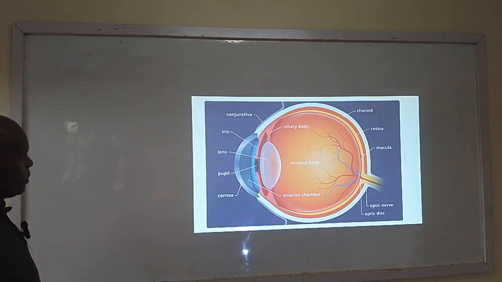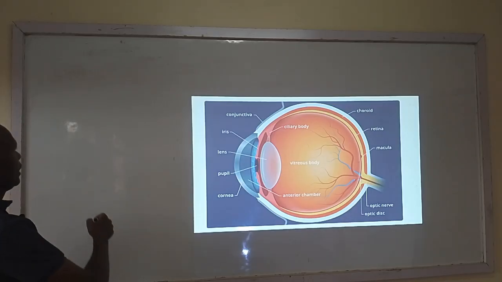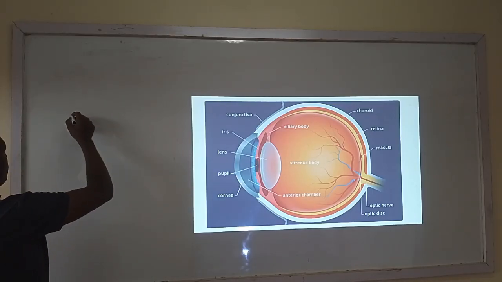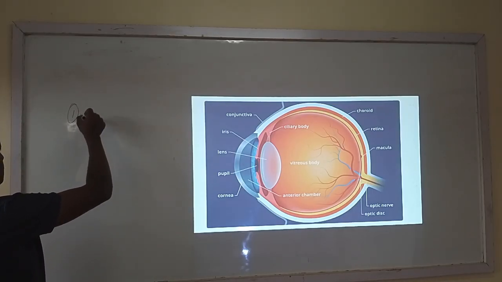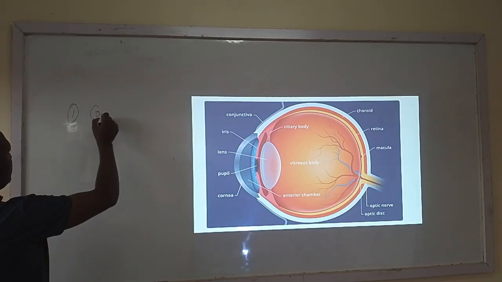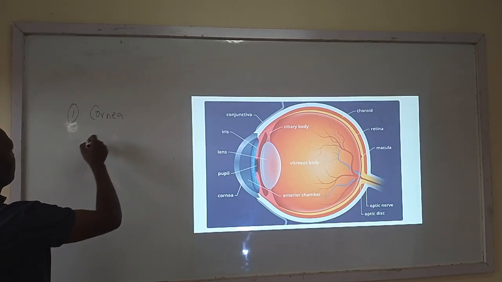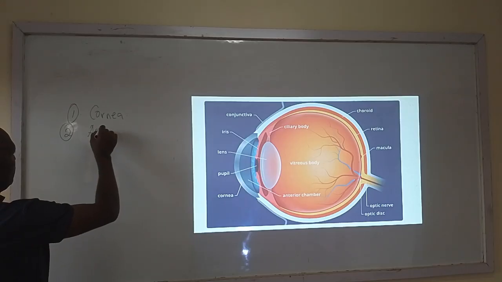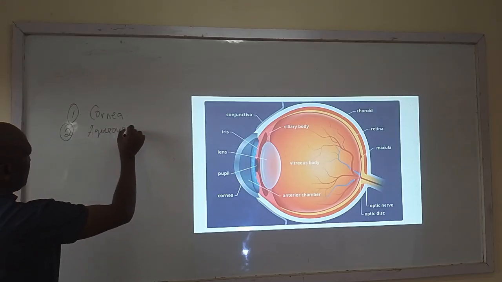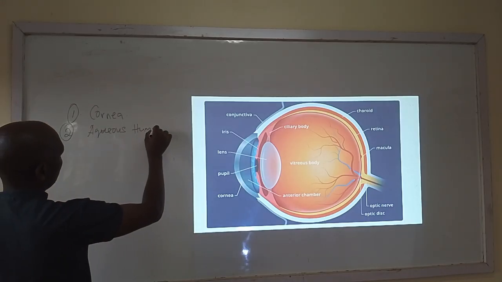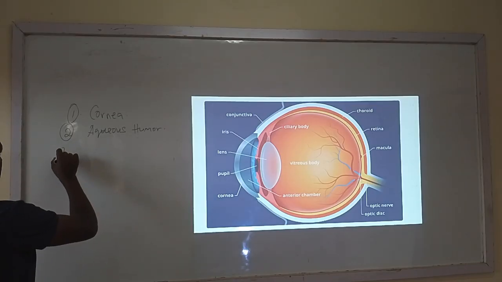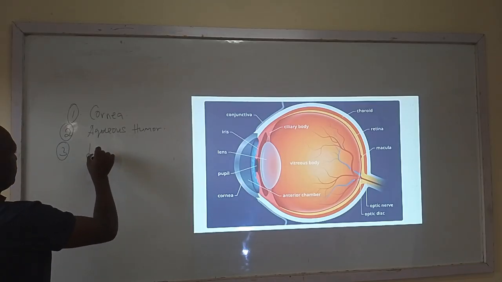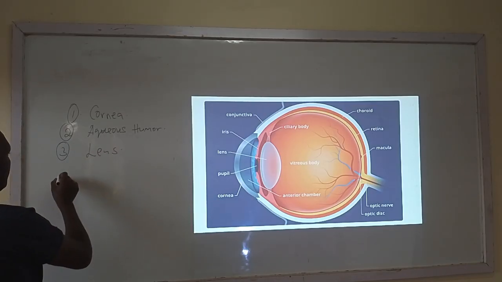So what are these structures that form the optical system? These structures are 4. Number 1, we have the cornea. Number 2, we have the aqueous humor. Number 3, we have the lens.